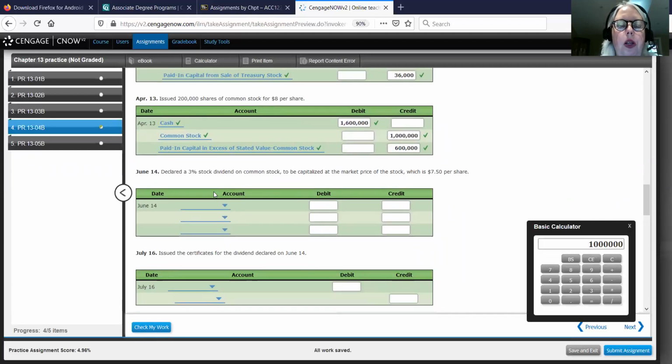On June the 14th, we are declaring a stock dividend. There's a difference between a stock dividend and a cash dividend. A cash dividend, we're going to pay cash to our stockholders, but a stock dividend just means that instead of paying cash to the stockholders, we're going to give the stockholders some more shares of stock.